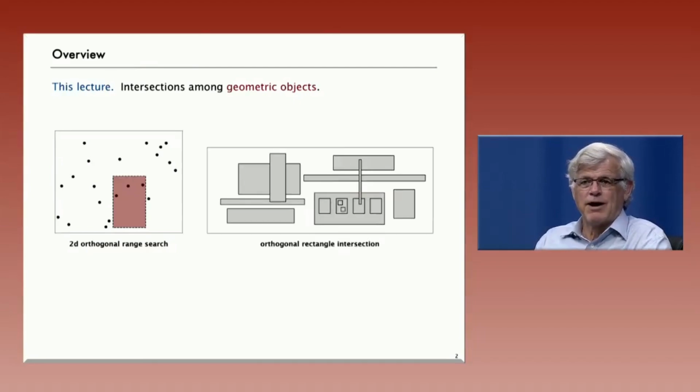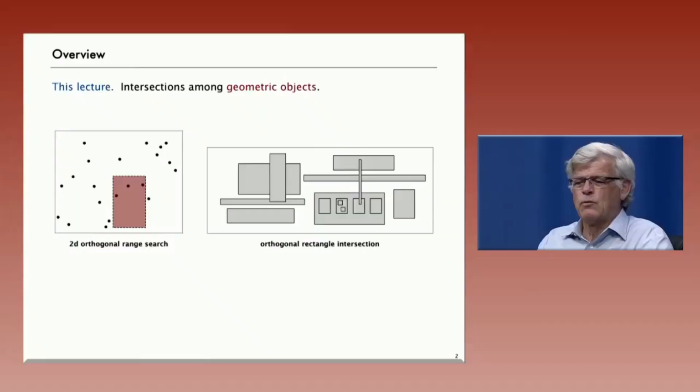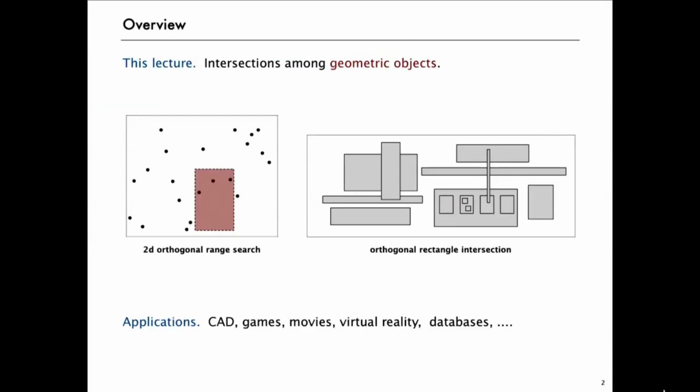Or maybe what you're processing is rectangles. You have a set of rectangles, and we want to know which of these rectangles intersect, or how many rectangle intersections there are. These are interesting problems that have lots and lots of applications, from computer-aided design to games and movies, and also in abstractions such as databases and other situations where you might have multiple keys or multiple dimensions.